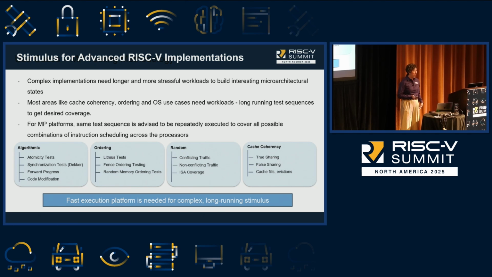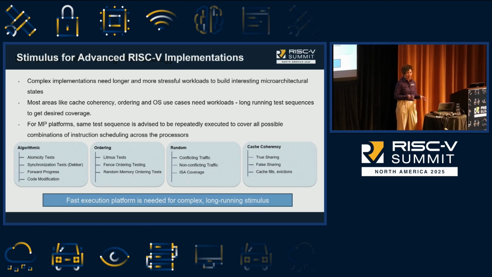So we can generate all of these type of workloads, but they need to be run for a significant period of time in order to really get the microarchitecture into those interesting states where we can find microarchitectural bugs in addition to architectural bugs. And so that goes back to the requirement where we need a fast execution platform to make sure that we can get this verification done in a reasonable amount of time.